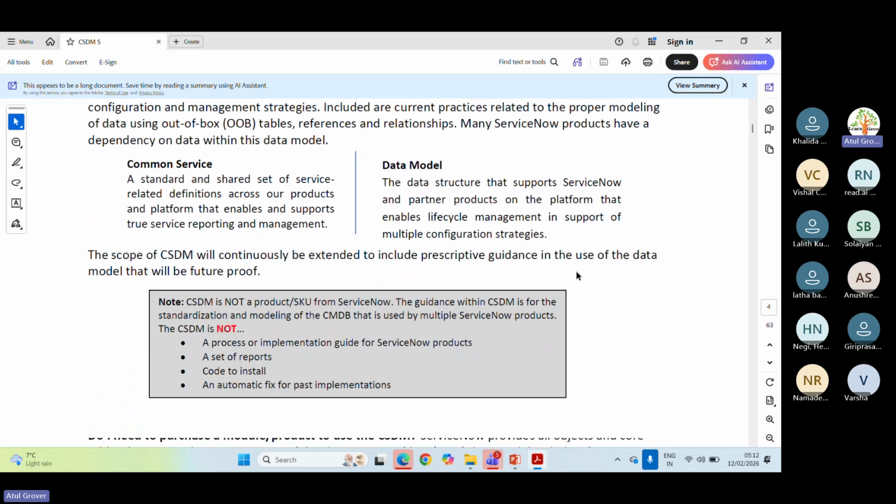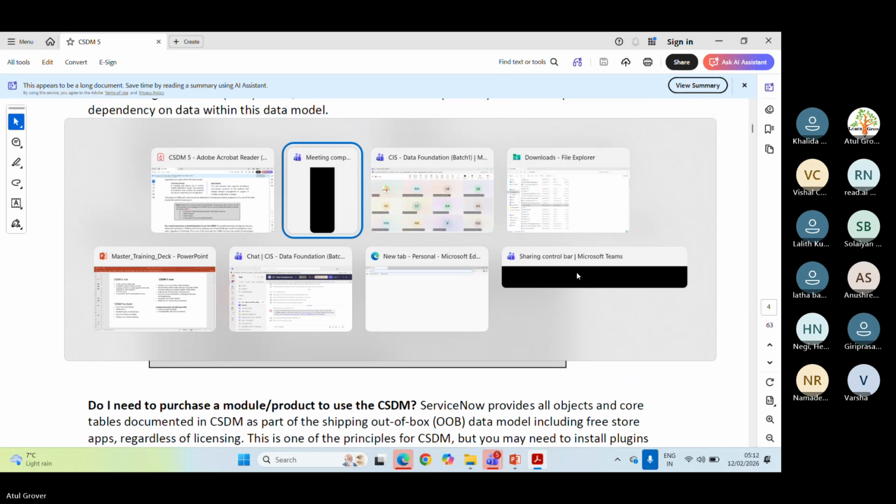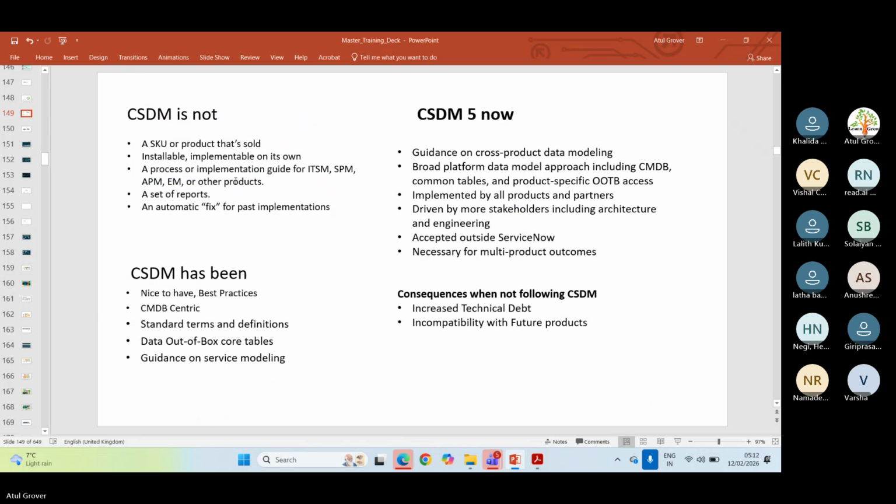So it says, what is CSDM? CSDM is not any install file. CSDM is not an implementation guide. Neither do we consider it a set of reports or an automatic fix, where if you put it in, your things will work fine. It is not like that.